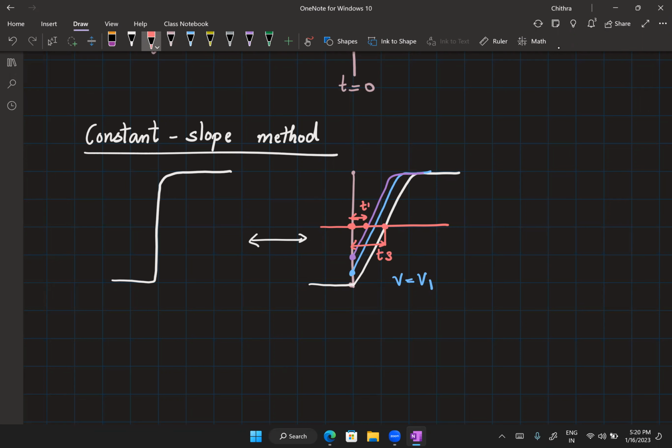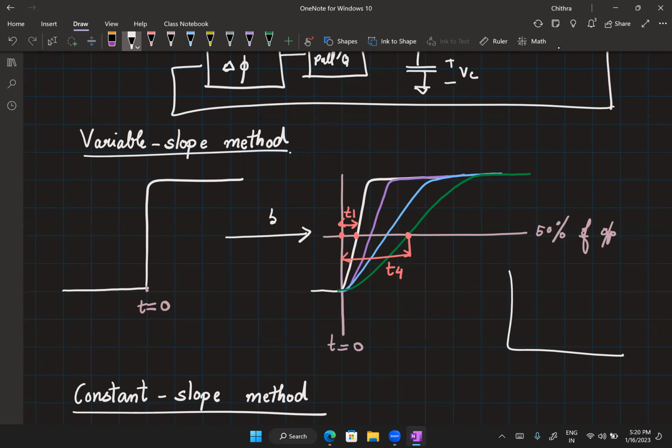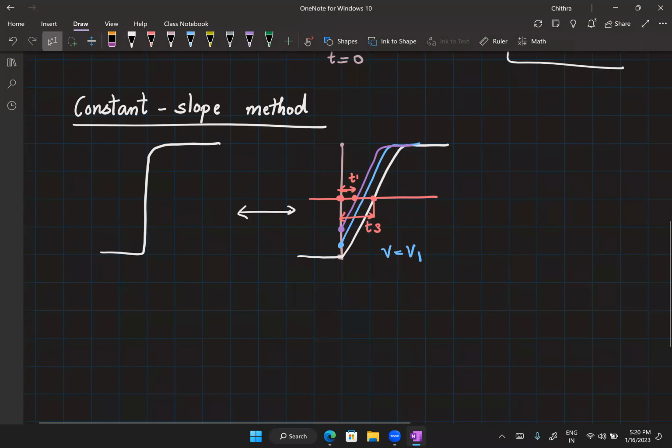Now this method has a potential to give you very linear characteristics for delay versus control node voltage. In the earlier method, if you remember, the waveforms you got were not linear, right? It did not have the same slope throughout. However, this method has the potential to do that, provided we limit this variation of VC within a particular value here. And this particular value is usually smaller than the threshold voltage of the inverter.